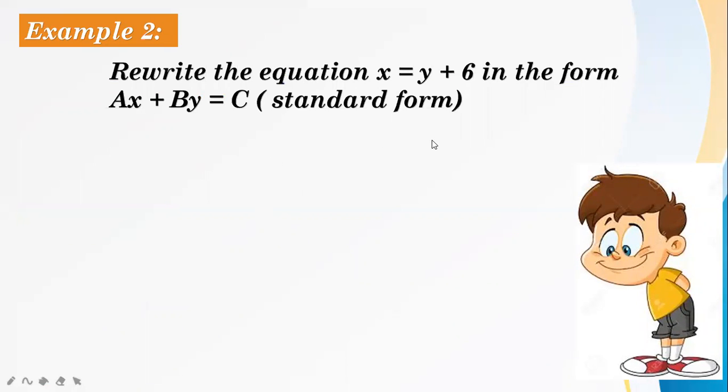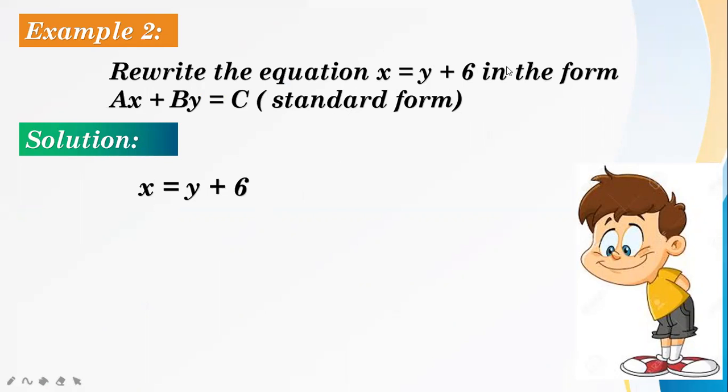Example number 2. Rewrite the equation x equals y plus 6 in the form ax plus by equals c, the standard form. Solution. Copy the given equation, x equals y plus 6. This time you transpose positive y, and when you transpose, you change the sign: if positive, change to negative; if negative, change to positive.